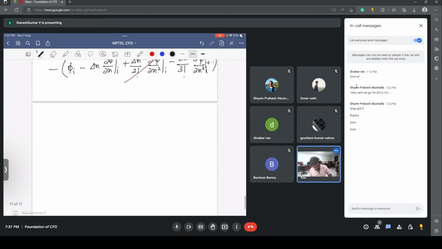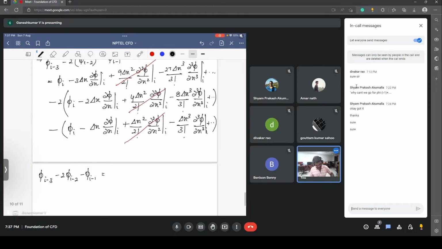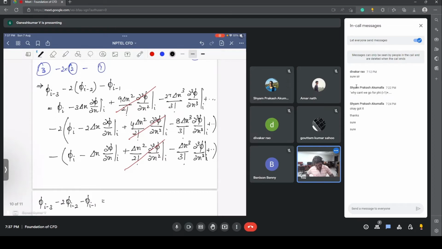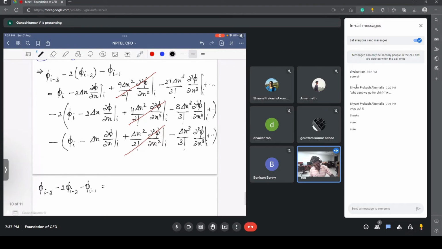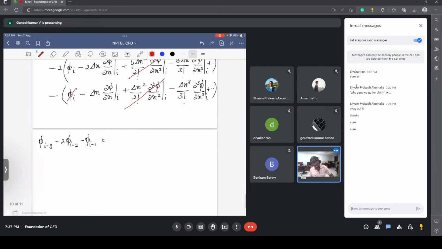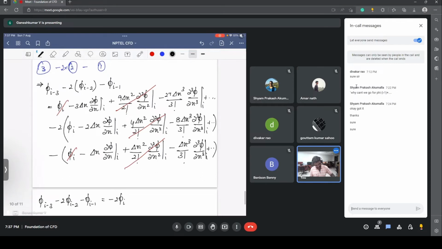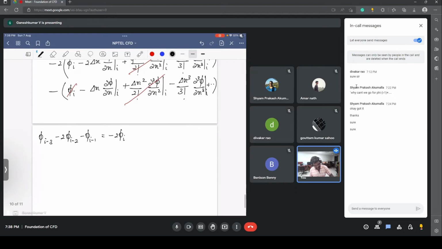So phi i minus 2 minus phi i minus 1 is equal to, how many times phi i is there? phi i minus phi i. So similarly you can strike phi i and minus phi i, and so at the end you will have minus 2 phi i, right? And you can see that minus 3 delta x, let's write for dou phi by dou x at i.